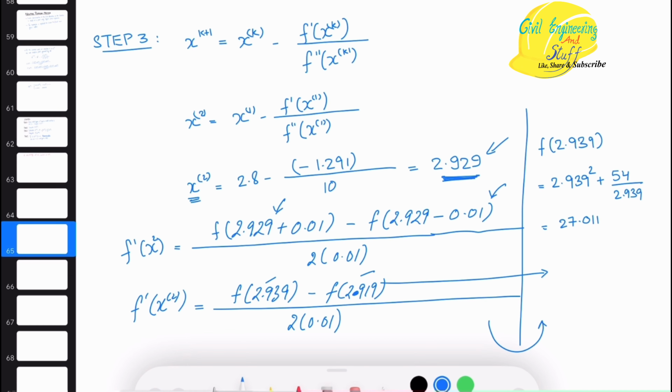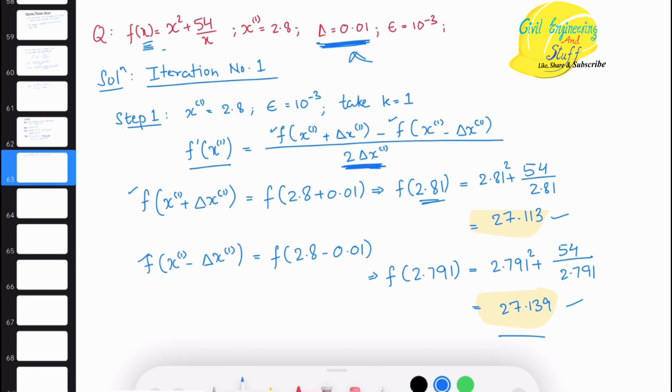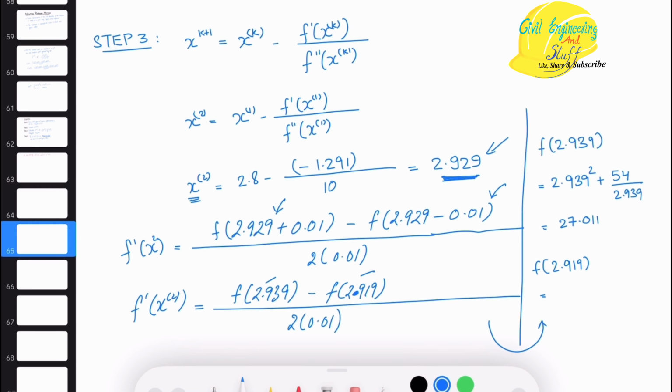Likewise, the function value of this: f of 2.919. Putting the values in the equation, this is 2.919 square plus 54 divided by 2.919.